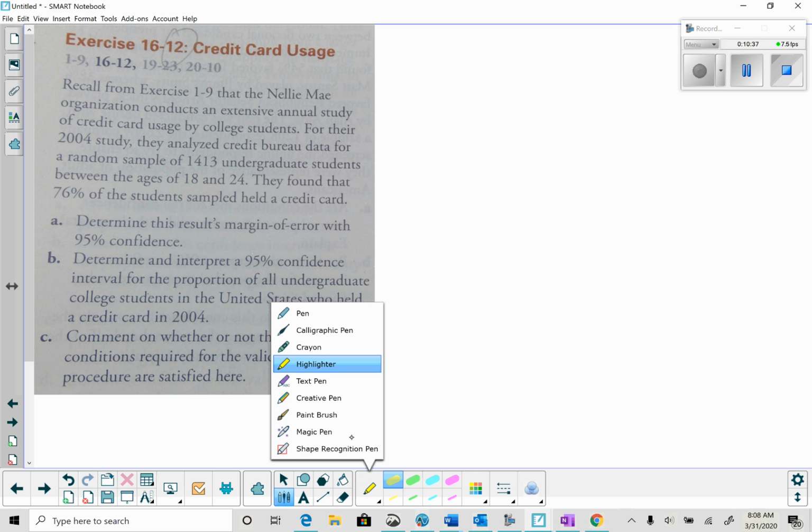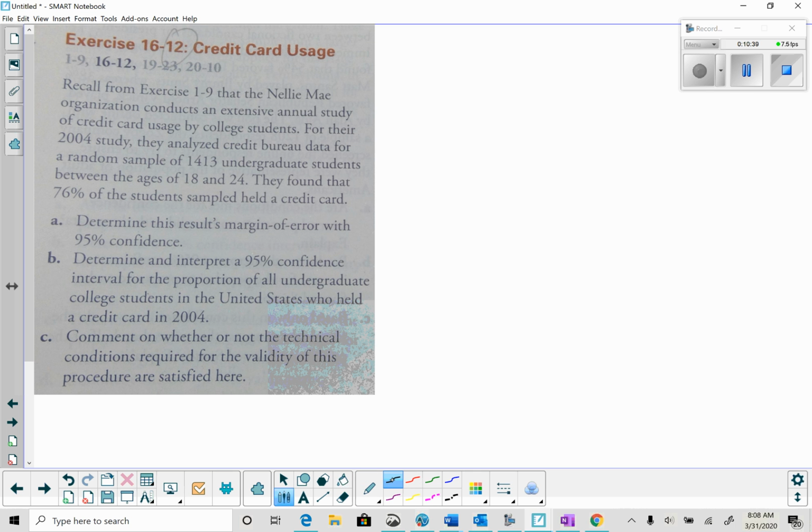Well, again, first thing we'll need to do is calculate what that standard error is. They're saying it's 76%. So again, we'll change that to a decimal, 0.76. And then we'll multiply it by its complement.